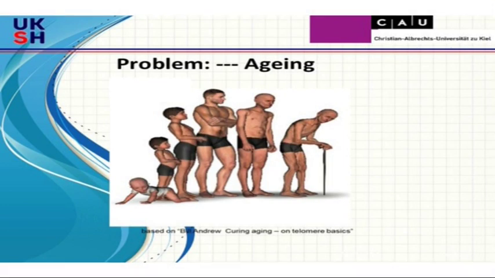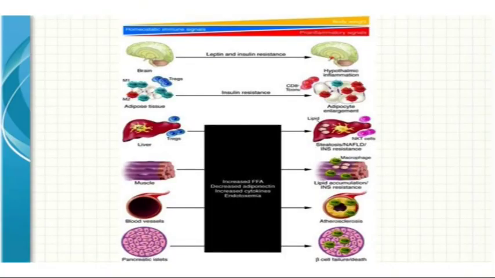So why is it that we age? What are the main causing factors which drive our body, our regulatory networks, to age? I think it's not that difficult and complex if we look at it. A very important feature is our immune system.